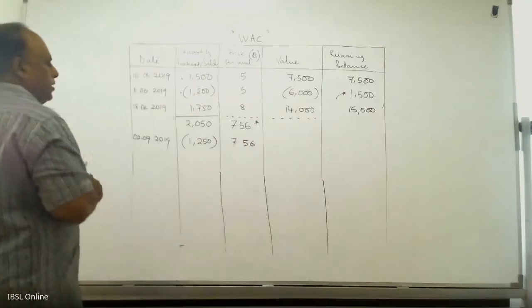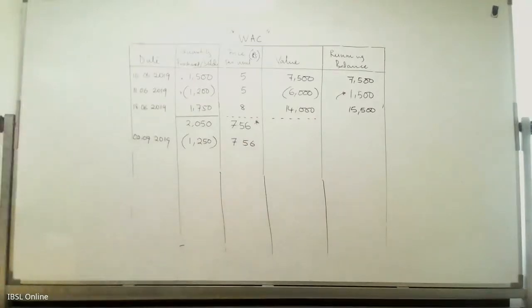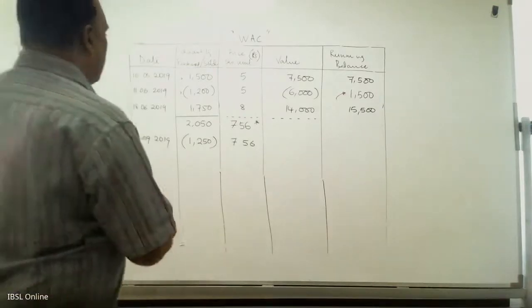So now 1,250 into 7.56. What is the value? That gives you 9,450.